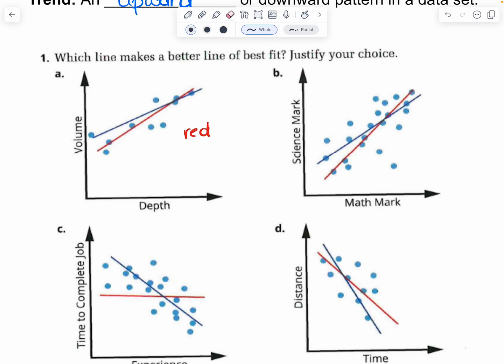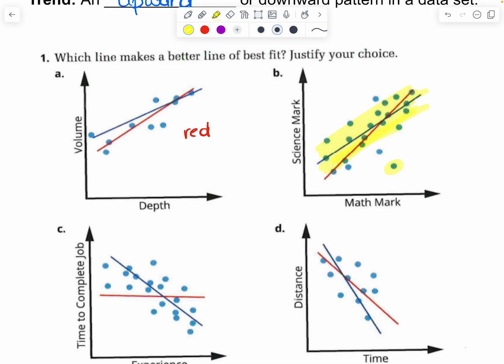B. Here, I would also say the red line. It shows the trend. Actually, maybe I'll say blue. I'm just wondering, is that an outlier? If that's an outlier, I would pick blue, because it represents the trend of that data.